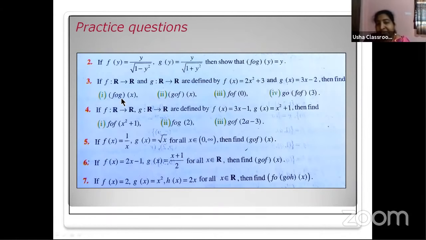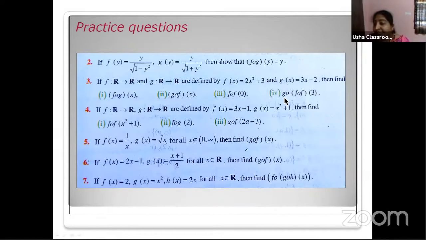Then the third problem is similar to the problem we have seen. Now in the first case, f of g of x you will calculate. Second, it will be g of f of x. Here f of 0, directly you can substitute and get f of 0. Instead of x in this function, you will just replace it with 0 and calculate.